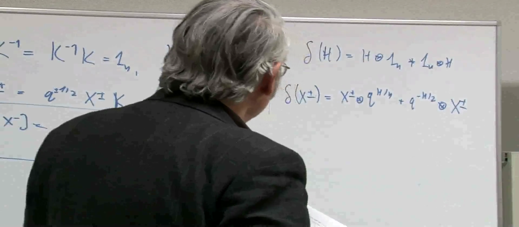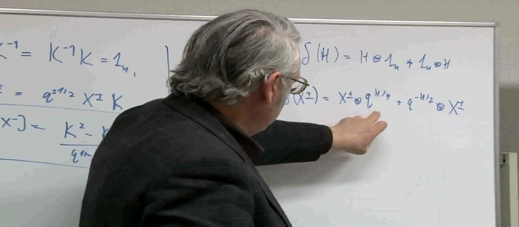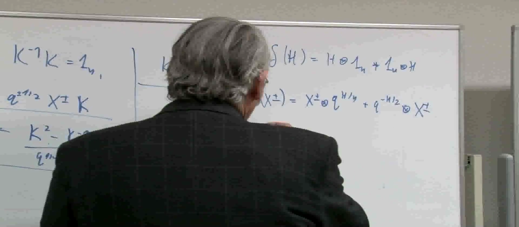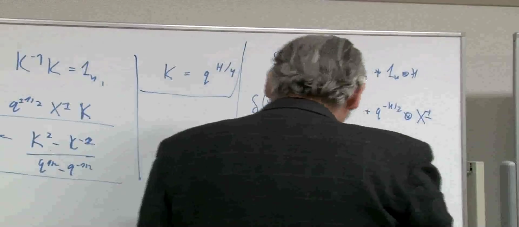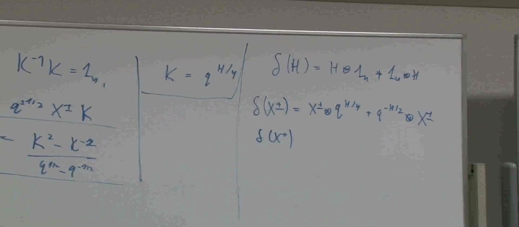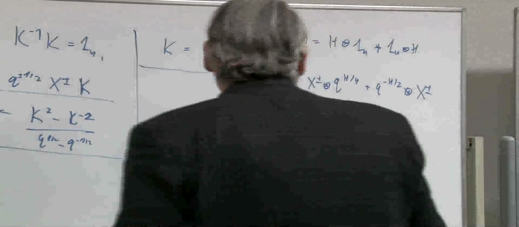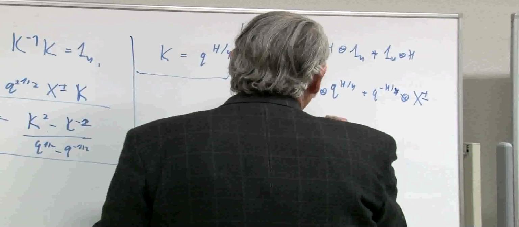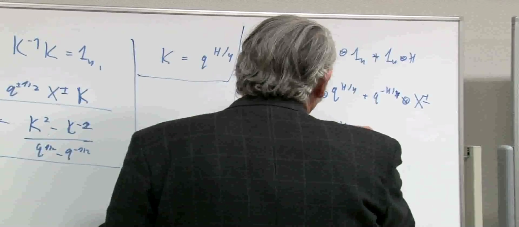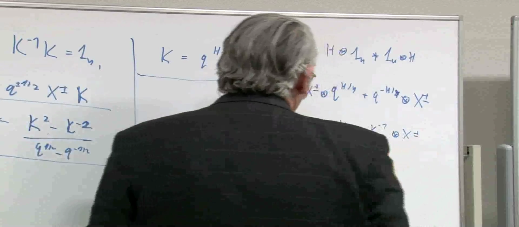So in fact, you immediately see why I was putting here q to h over 4, because this operator appears here in the coproduct. So in the Jimbo version, delta of x plus minus is x plus minus tensor k plus k to the minus 1 tensor x plus minus.